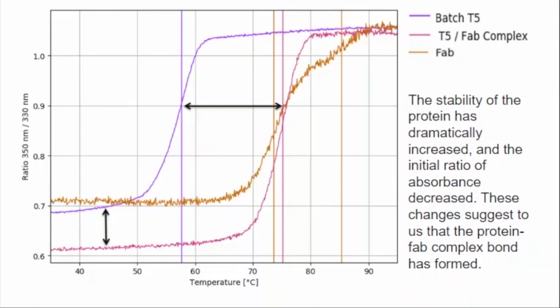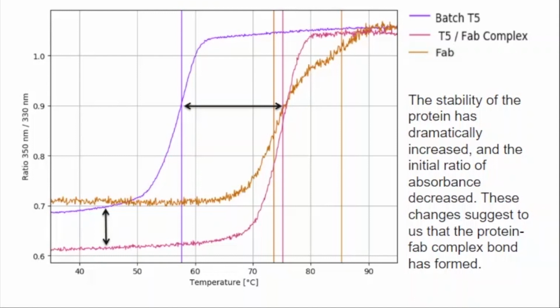The total number of tyrosines and tryptophans that are giving off fluorescence has changed, which suggests to us that now they're bound together. There's a different amount of protein in that sample. And so these two factors together, both the change in the initial ratio and the change in the TI, suggest to us that our protein complex has formed.